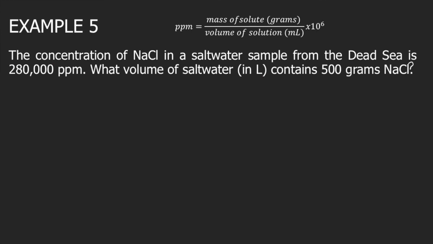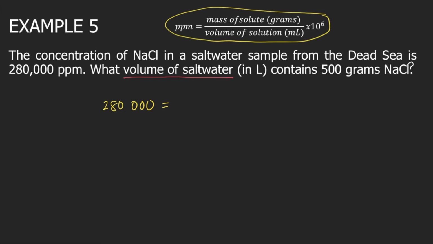Example 5. The concentration of NaCl in a saltwater sample from the Dead Sea is 280,000 ppm. What volume of salt water in liters contains 500 grams of NaCl? So the problem is asking us for the volume of salt water, so the volume of solution. So we will use the second formula for ppm. This time, we are given the ppm, 280,000.